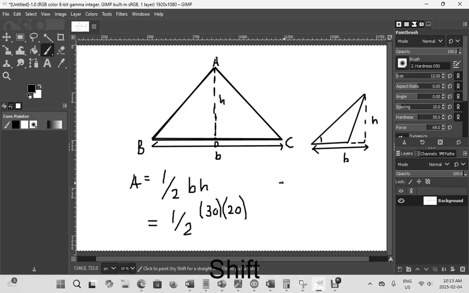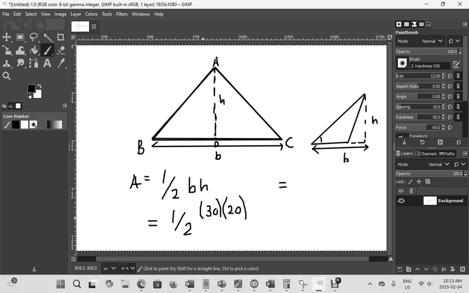To solve this equation, you multiply and you divide. So 30 times 20, divided by 2, or you can follow BEDMAS. Start with division.